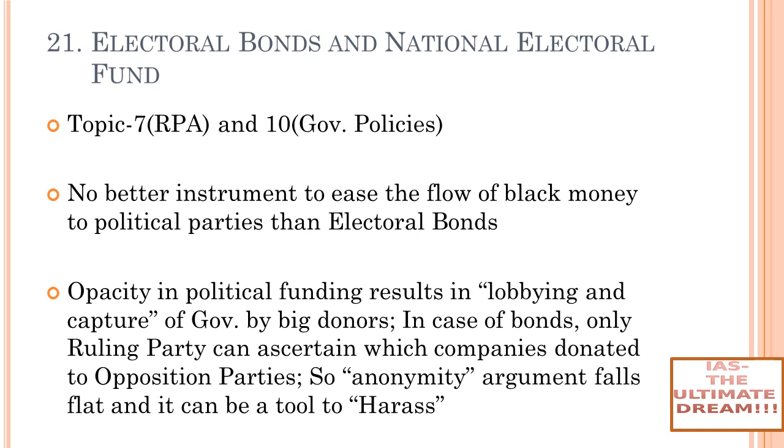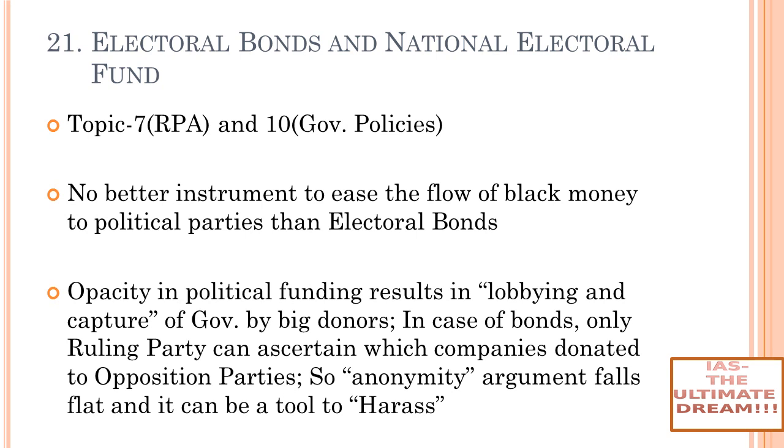We are basing our hypothesis on this, but again, you will see there are certain flaws in it. Now, the 255th Law Commission report. Remember, Law Commission reports and ARC recommendations are very important, so do try to mention them. The 255th Law Commission report on electoral reforms observes that opacity in political funding results in lobbying and capture of government by big donors. That's why whenever certain political parties come to power, there are certain companies which try to capture the market in a bigger way.